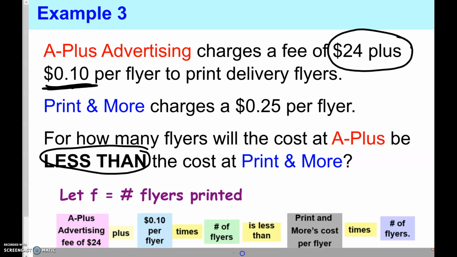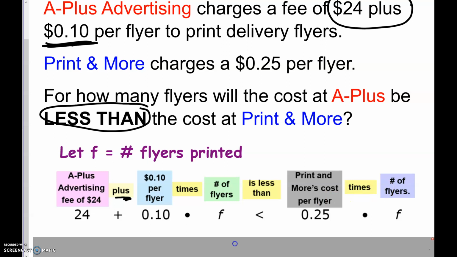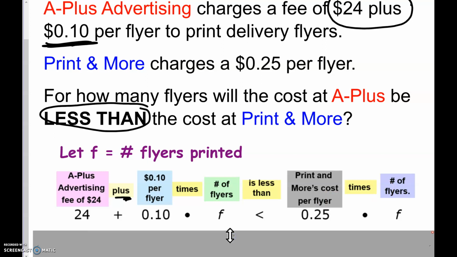So we've got A+ on the left, and A+ is the first company, so it's $24 plus 10 cents per the number of flyers is less than Print and More's 25 cents times that number of flyers.